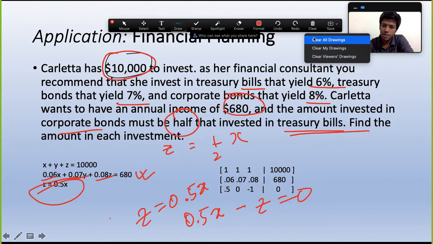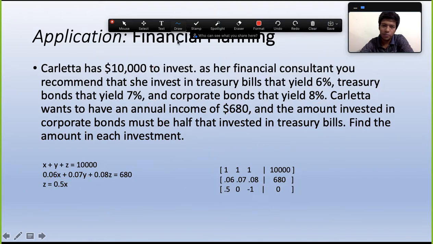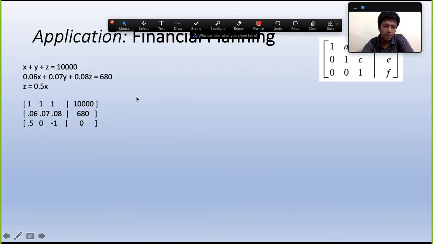So we have this, and this is written in the augmented matrix. And if you want to solve it, let me help you a little bit. You have 1, 1, 1 in the first line, 10,000 here. Your target is this. So you multiply the first line by 0.06 and subtract it from row 2.